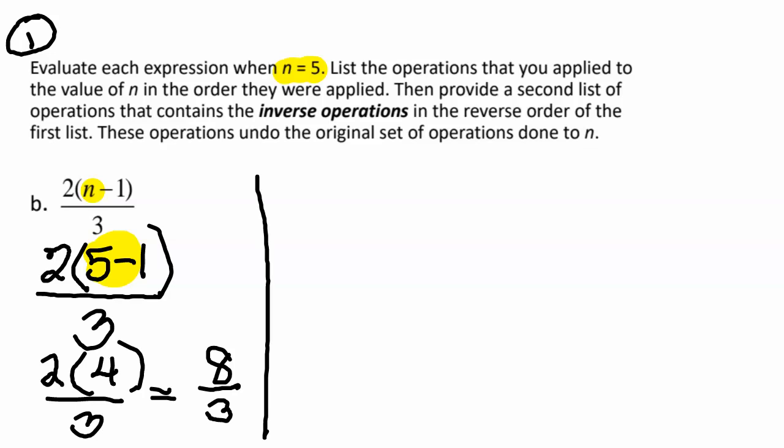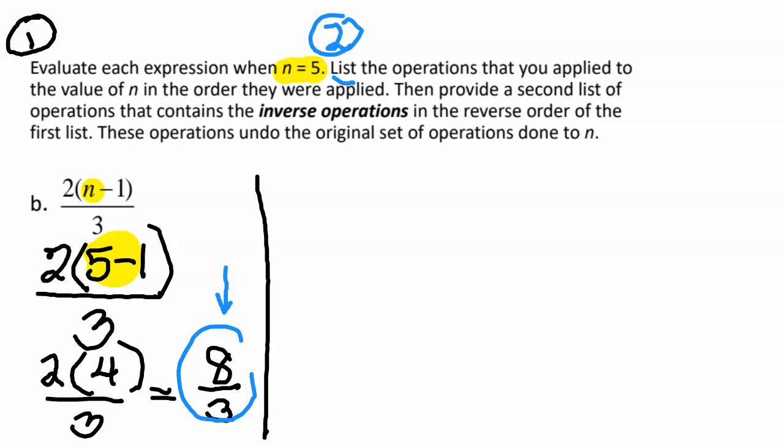Now, number 2 begins with the second sentence. List the operations you applied to find the value of n. This is the value that we get at the end, the value of n in the order you applied them. So how did we get to 8/3?